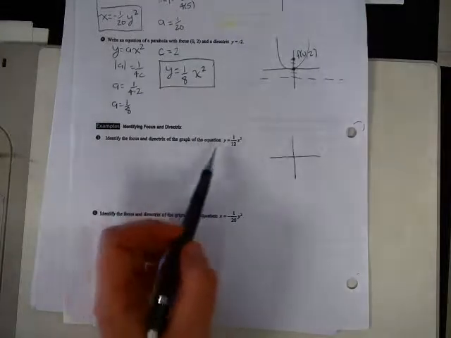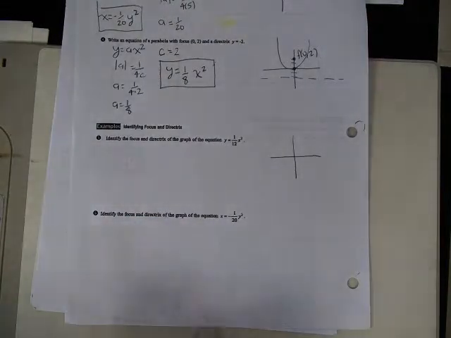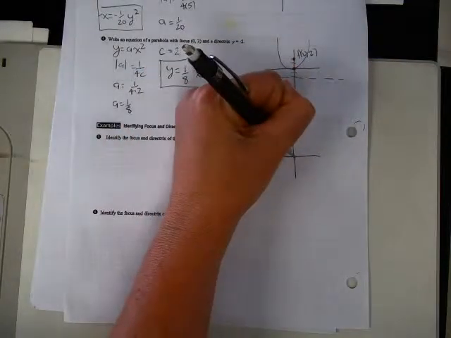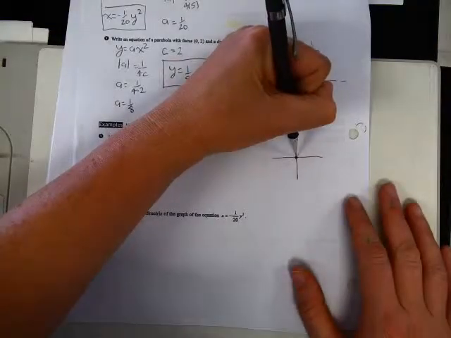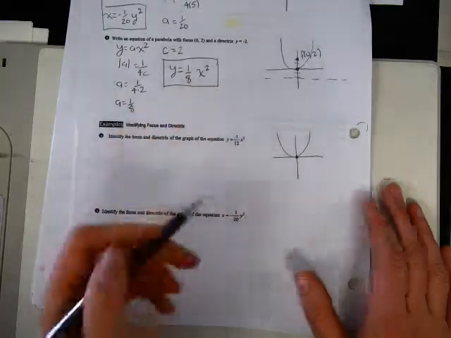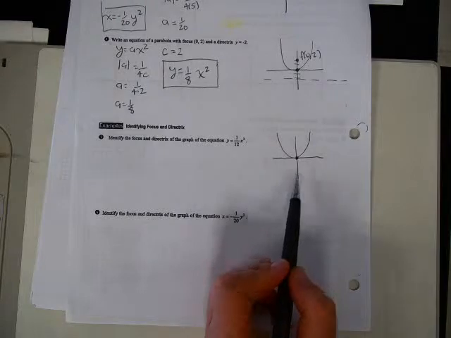My parabola is of the form y equals 1/12 x squared. That means I know it's going to have a vertex at the origin, and it's going to open upwards because my a is positive. So I'm looking for a focus here, my directrix down here.